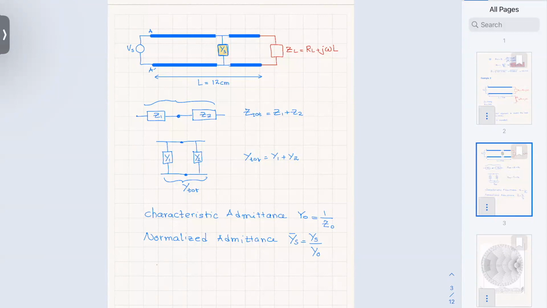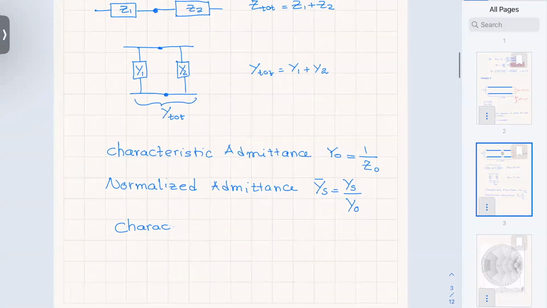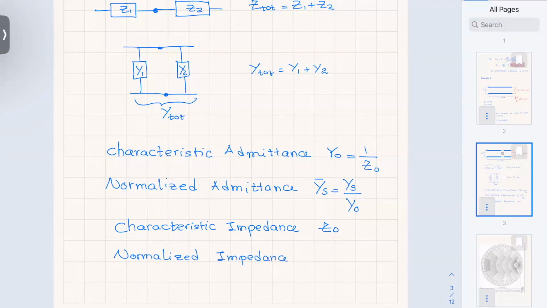And characteristic impedance here, so you remember, I'm going to post these things. Characteristic impedance is Z0, and normalized impedance is what?